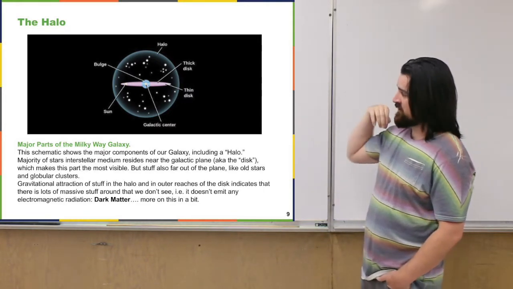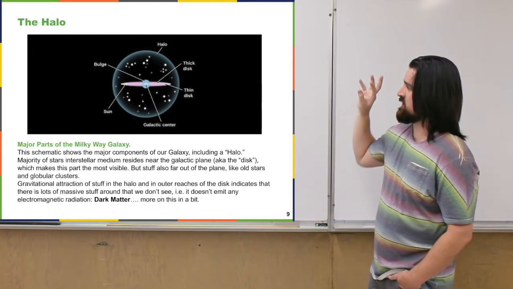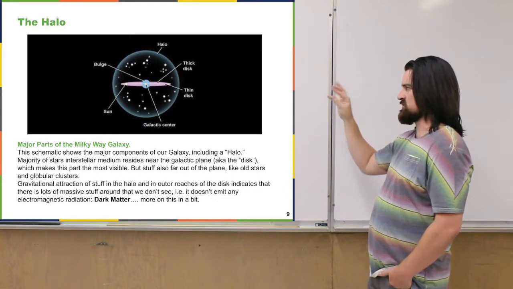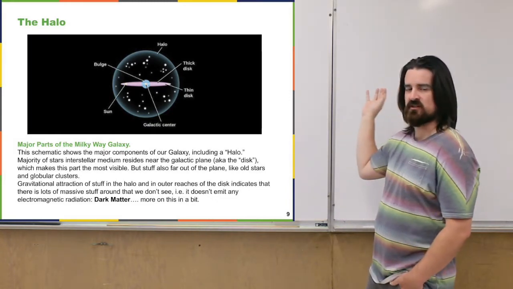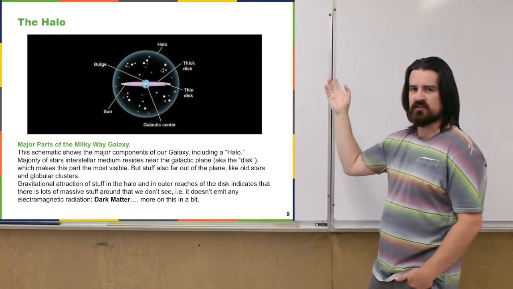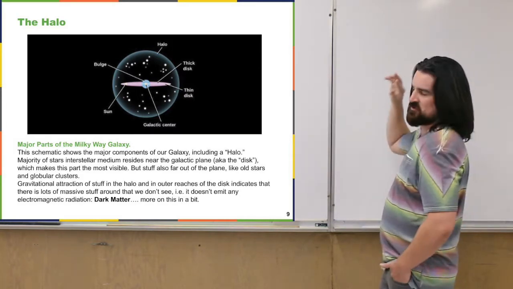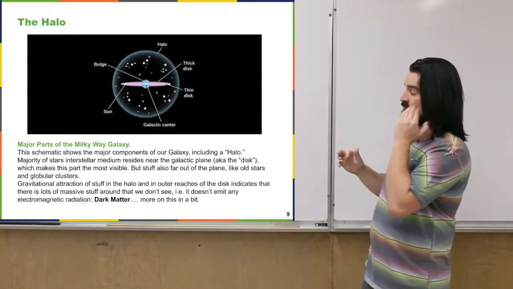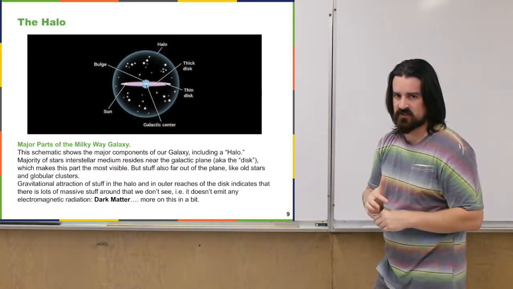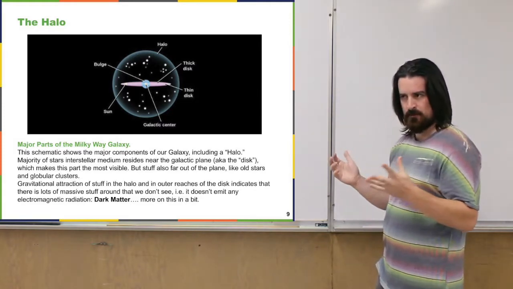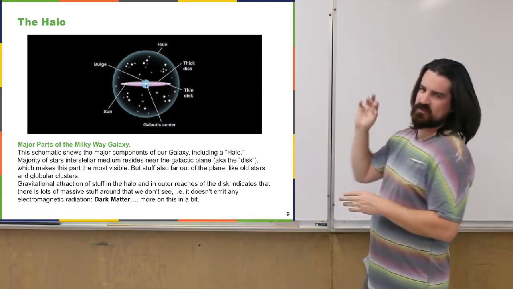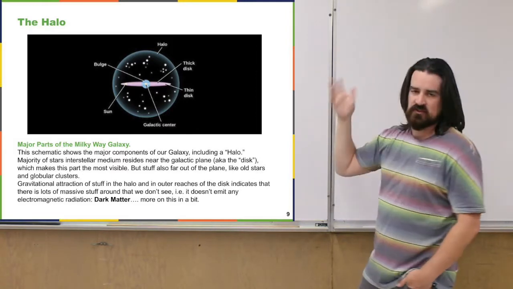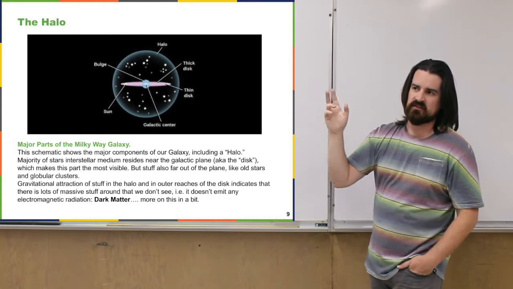If we use our understanding of gravity to say how things in the halo of the galaxy, and things towards the outer edges of the galactic plane, should revolve around, particularly how fast they should be moving as the galaxy swirls, we get one answer. But when we go and look out and start to measure these things and their speeds, we found that things in general are moving much faster than they should be.